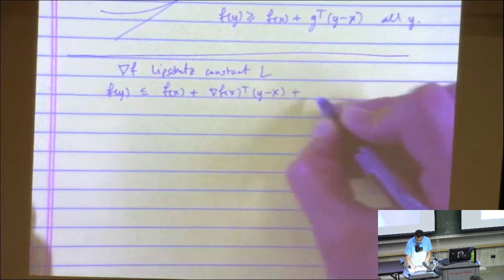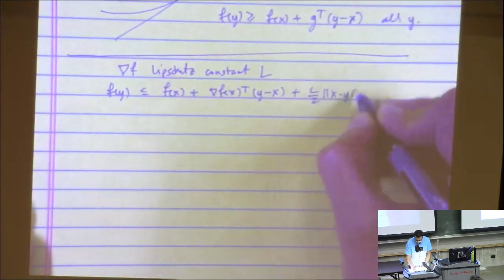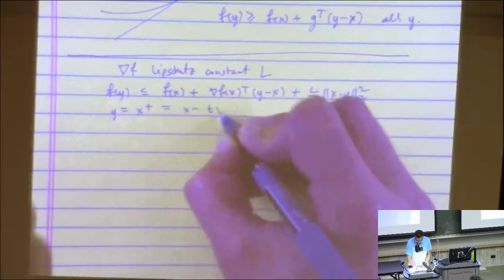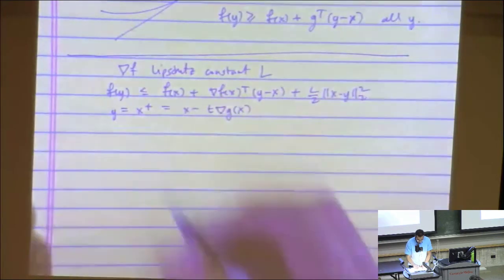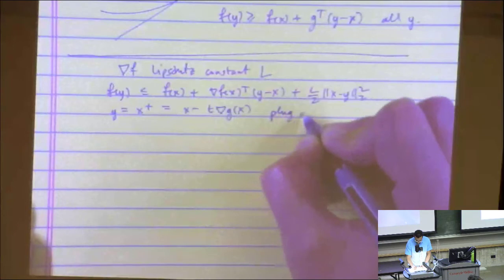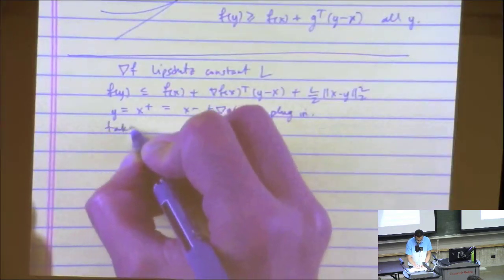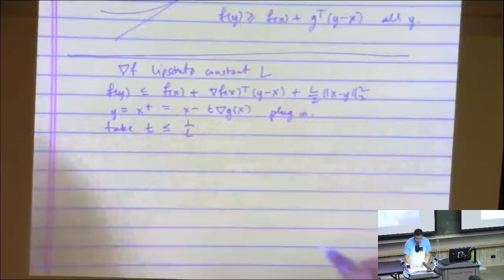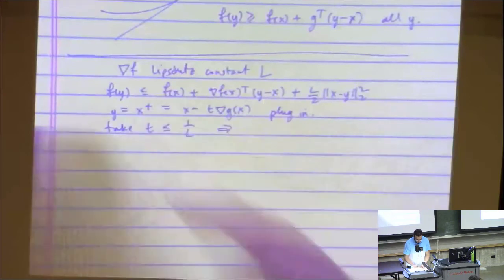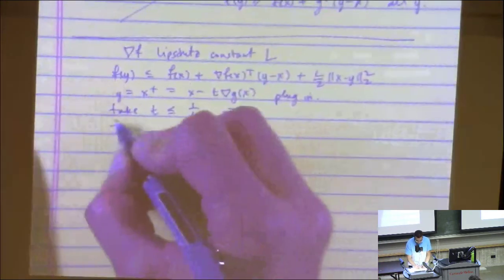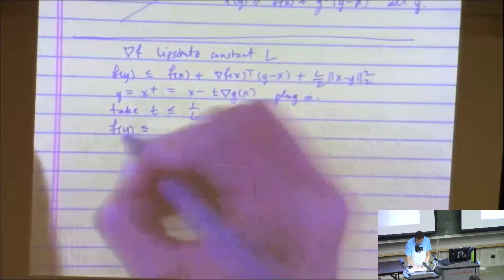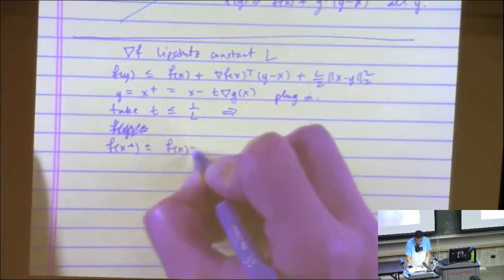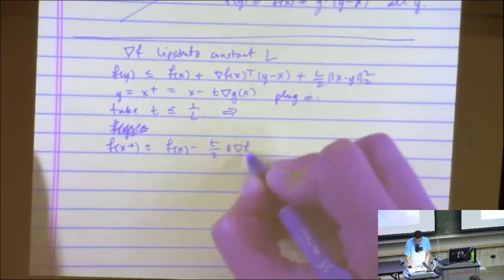And then we plugged in the next step. So you plug this in. And we saw that if we took t to be smaller than or equal to 1 over L, then from this quadratic inequality we get that f of x plus is less than or equal to f of x minus t over 2 times the norm of the gradient of f of x squared.